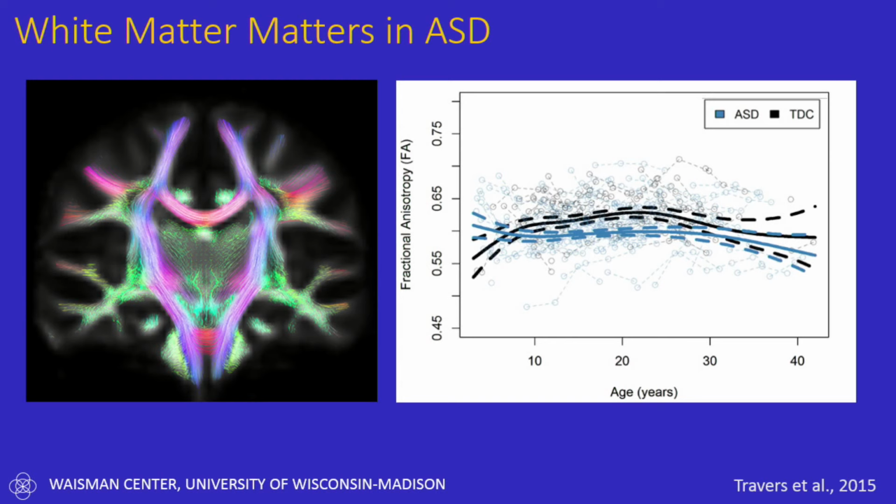We see an interesting pattern where the paths cross, indicating that FA is increasing in the typically developing controls, but more or less plateauing, staying relatively flat across the lifespan in autism, which gives us information about how the white matter is changing throughout the lifespan.